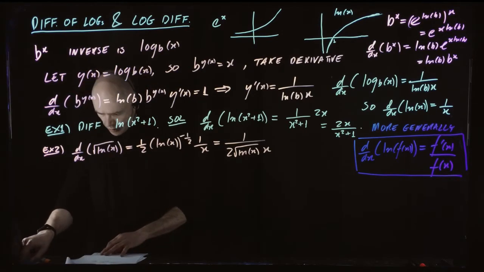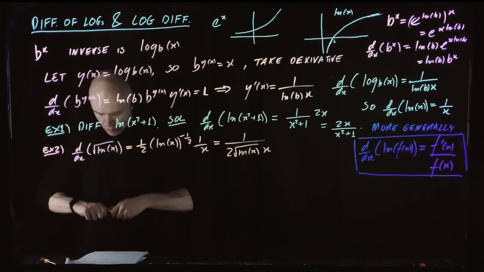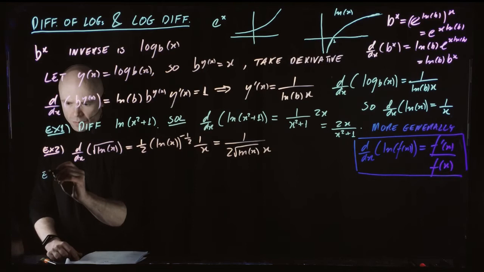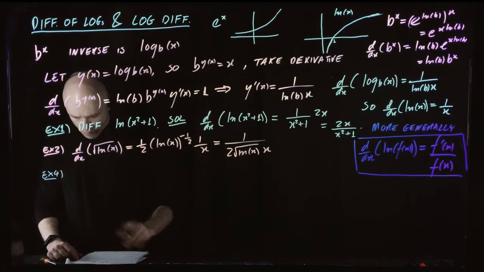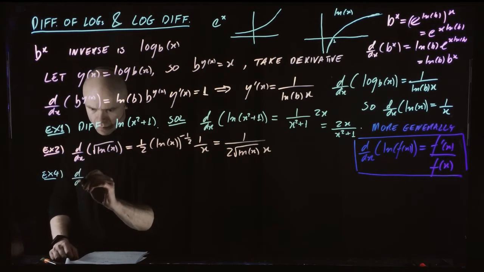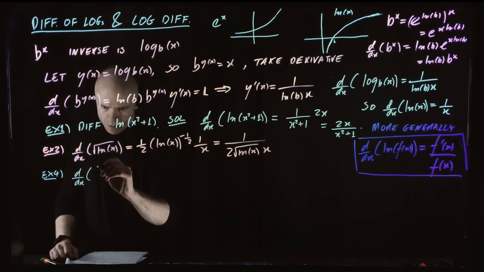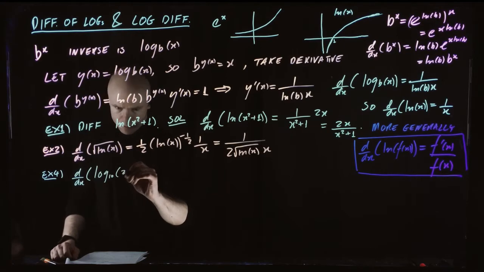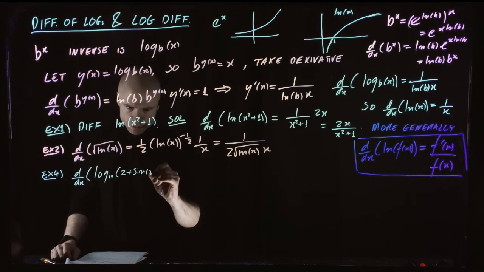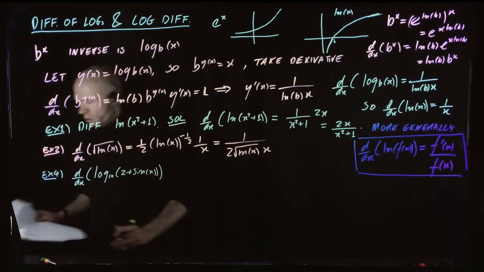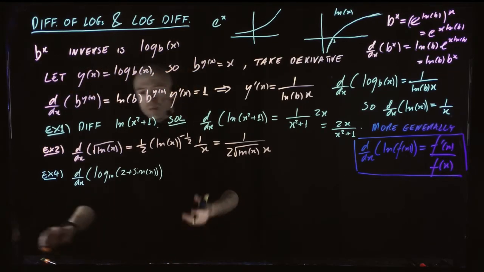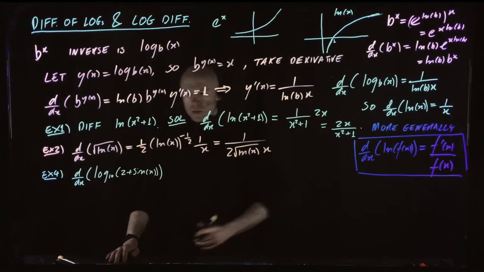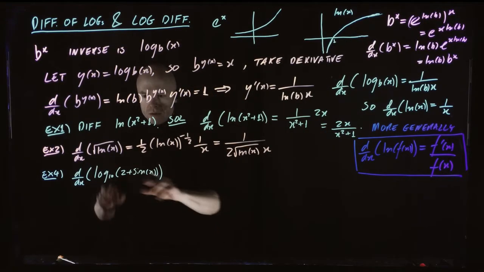A little bit trickier. Let's do this guy. Let's do log to the base 10 of 2 plus sine of x. The only reason this is trickier is that we're differentiating log to the base 10, but we've learned how to do it. We have the formula over there, right? So the outer function is log to the base 10.